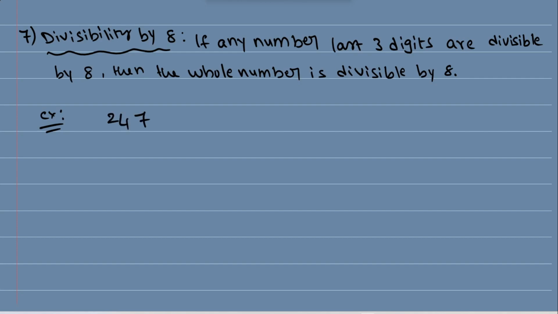2 4 7 8 6 4. So take the last 3 digits here, 864. Okay, this number is divisible by 8, right? 8 ones are 8, 8 eights are 64, 0 comes here.